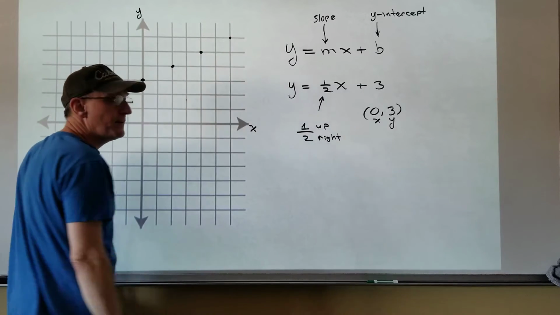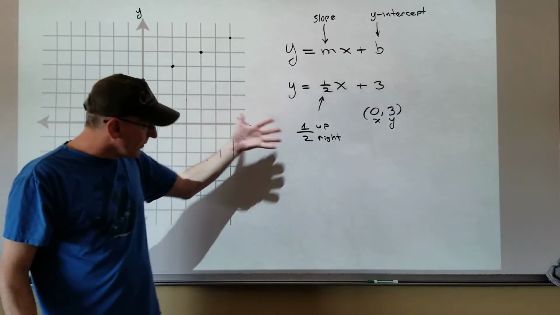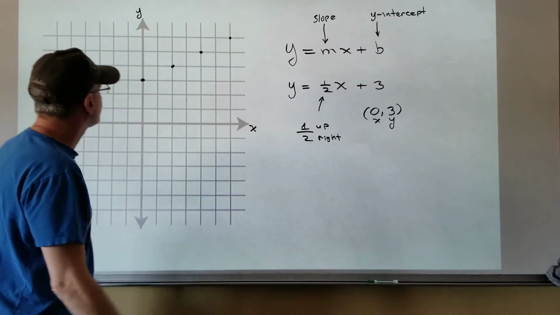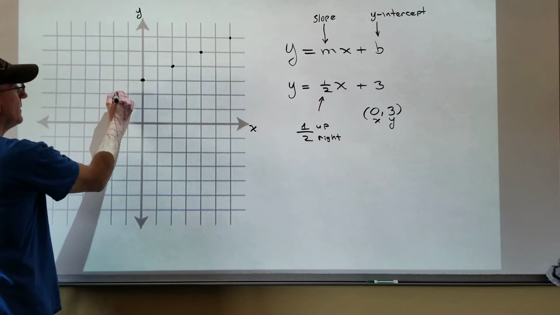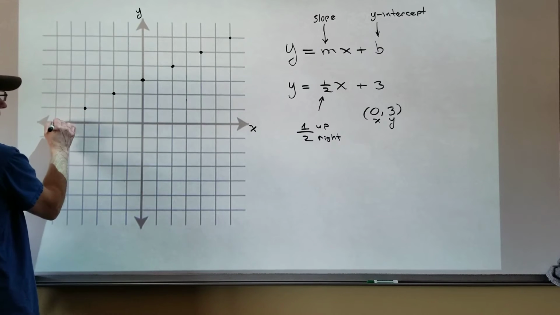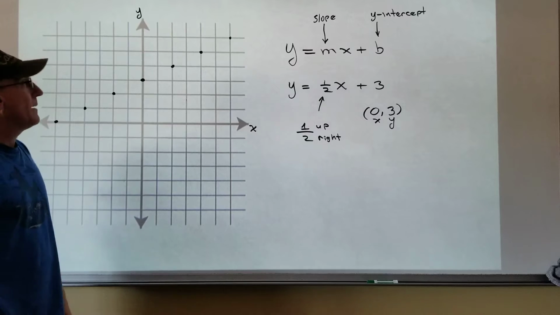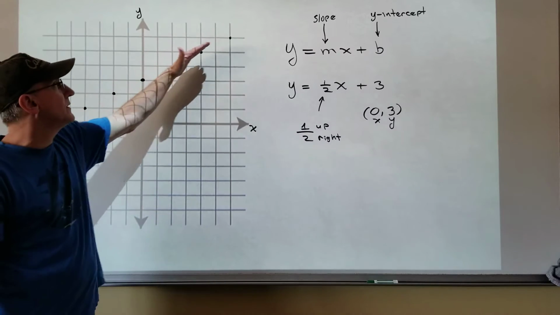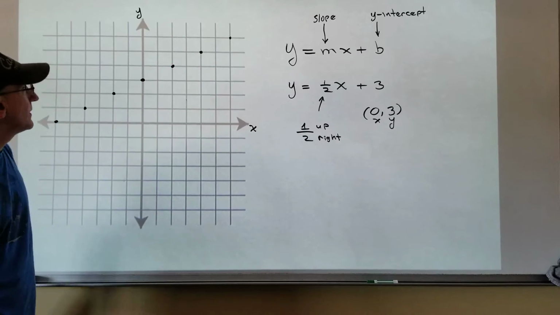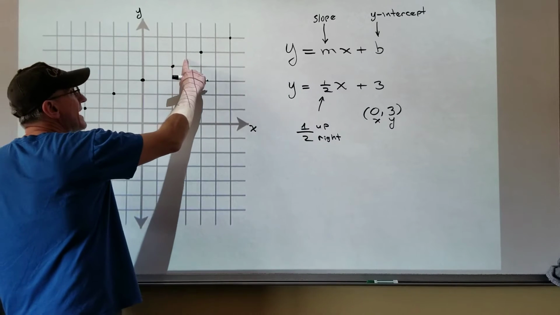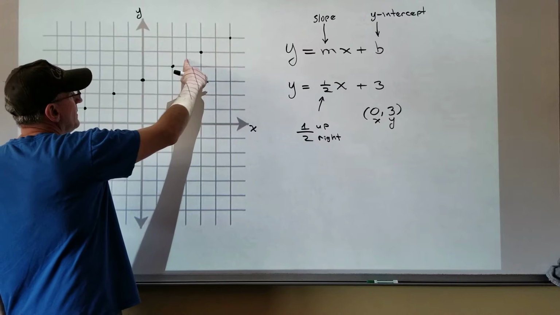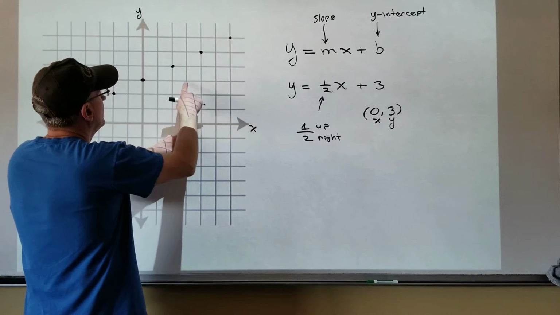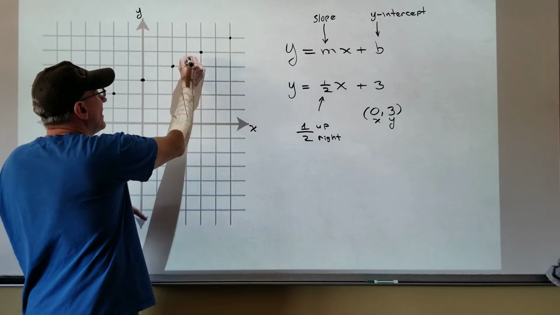When you run out of space, if you want more points, you can reverse both of these things and go 2 left, 1 down, 2 left, 1 down, etc. I'm not going to take the time today, but you should then connect these points using a straight edge to show that, for example, numbers that are not exactly on the grid point, for example, this is 3 to the right and 4.5 units up.